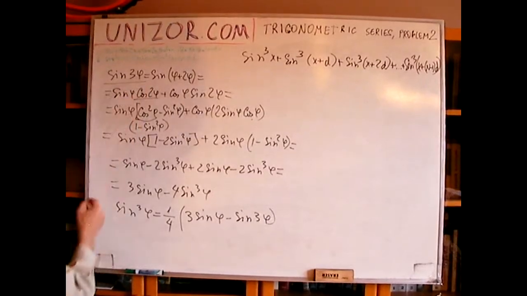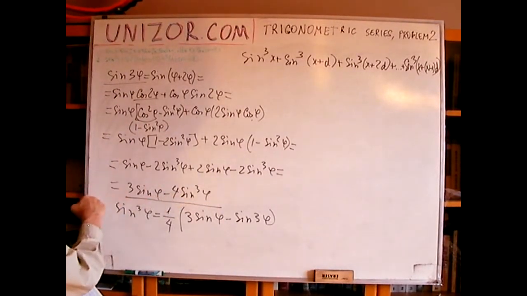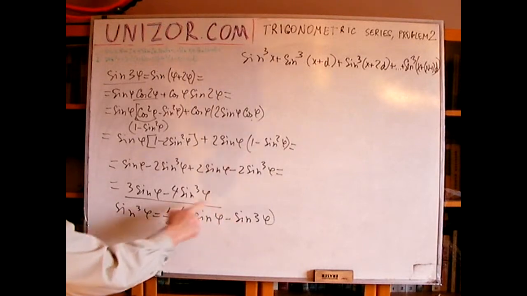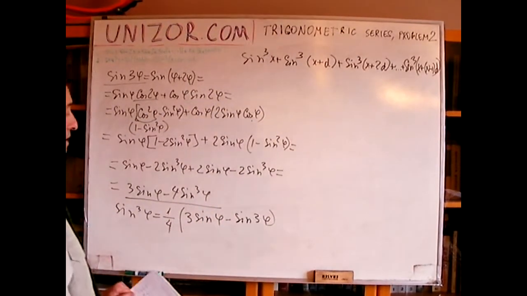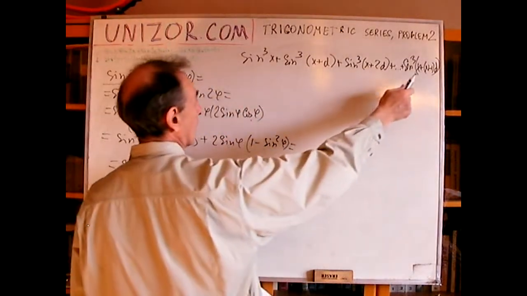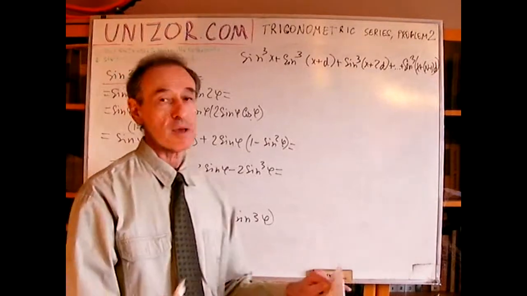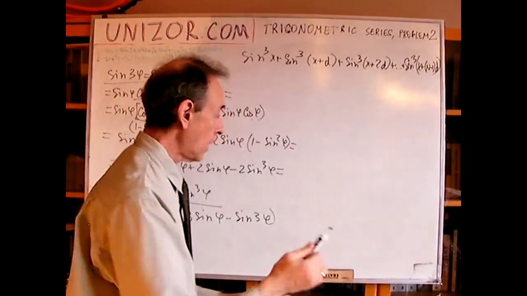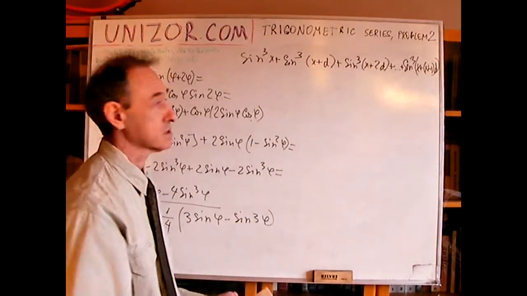If sine of 3 phi is equal to this, then 4 sine cube is equal to 3 sine minus sine of 3 phi, and then divide by 4. So what it means is that every member I can replace with 2 members and basically completely separate this particular sequence into 2 different sequences. One with single angles and another with triple angles, right?